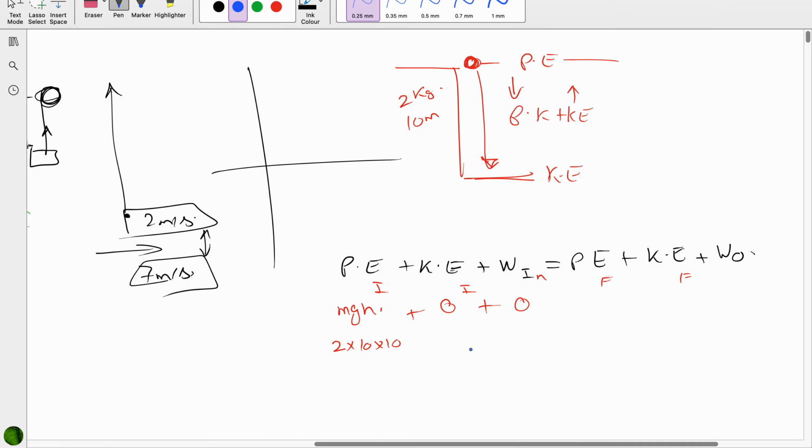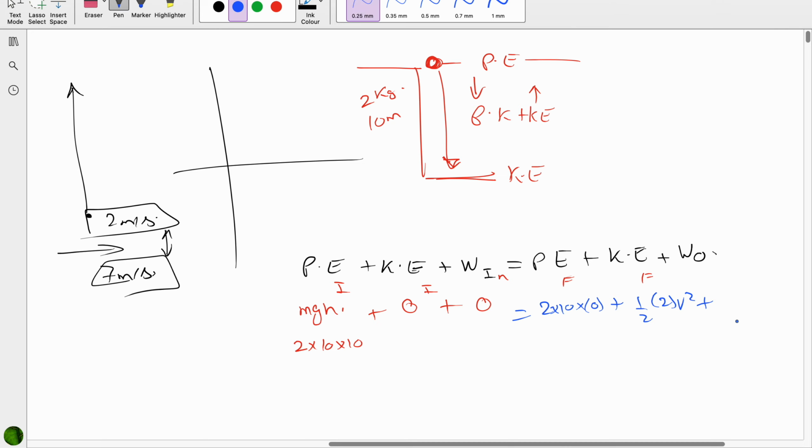On the other side, we know that potential energy final, when it reaches the ground, mass, gravity, but height is 0, and kinetic energy would be half mass, which is 2, velocity v square. Work out is against resistive forces, so if it is falling through the air, and if it is given that there is no resistance, we can say that is again 0. If there would have been any, it would be given in the question.